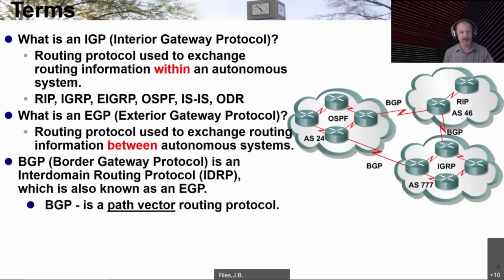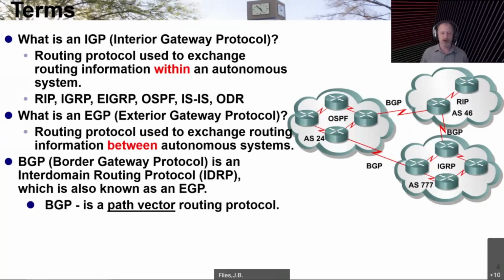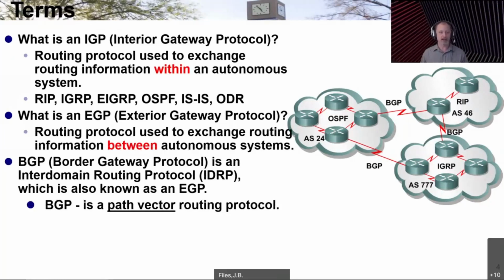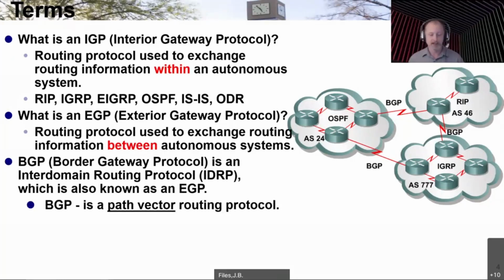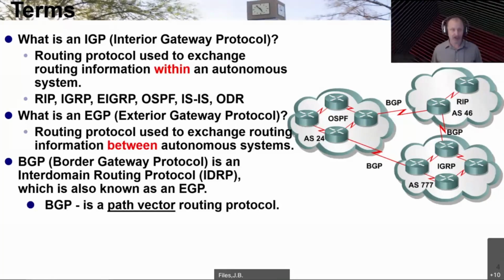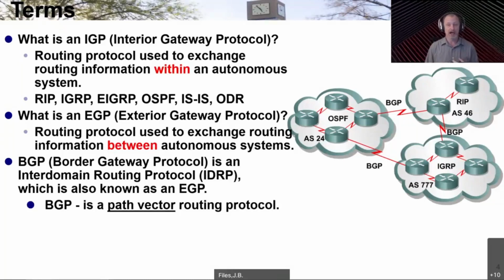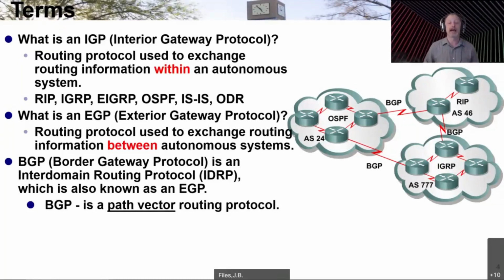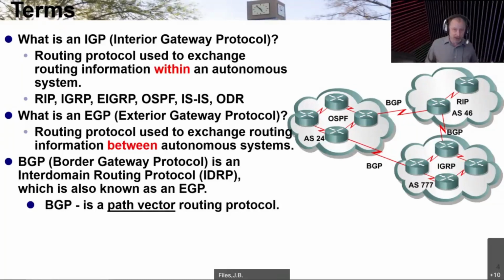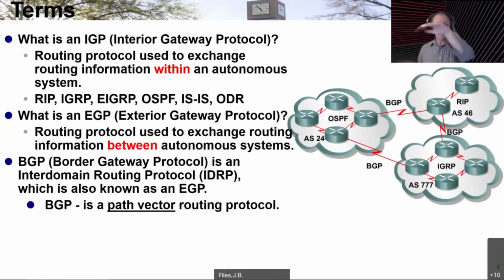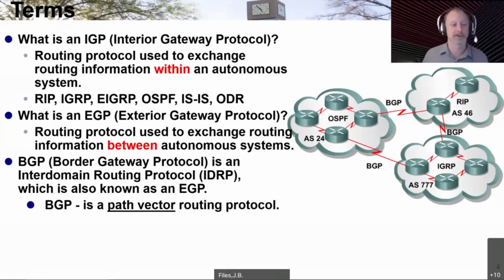So that's our exterior gateway protocol, also called an interdomain routing protocol. This is a path vector routing protocol. So we have some elements of a distance vector. However, we have additional path attributes, including the exact path from start to finish.